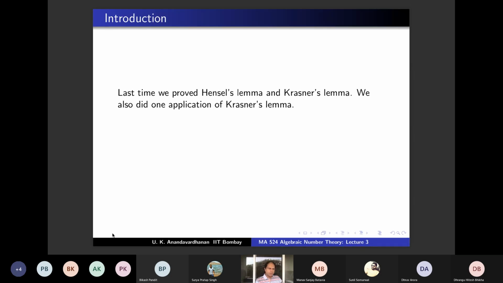We also did one application of Krasner's lemma. This is about a polynomial being sufficiently close. So once again, if you have an irreducible separable polynomial f, maybe we also assume monic, and if g is sufficiently close to it, and towards the end there was some discussion about this being sufficiently close. We will see in applications that these non-effective results also have applications.